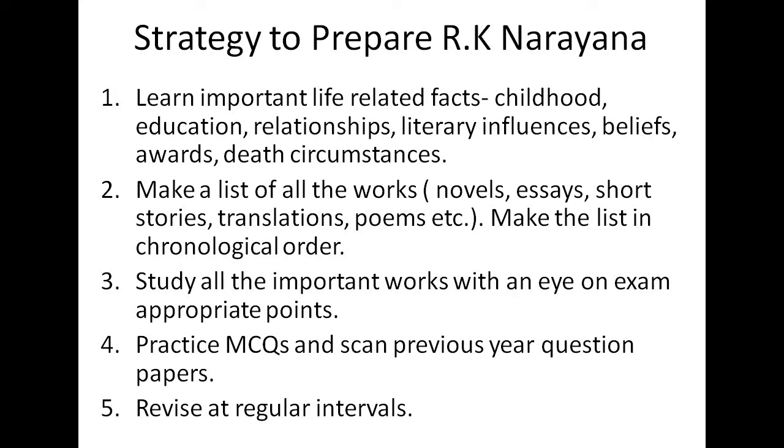Mentors at that stage, spouse, literary influence, right? What constituted the literary diet of the writer, what all he wrote, who influenced the writer, his personal beliefs about various issues, awards, and finally the major works and the death circumstances. Clear everyone, the first point?